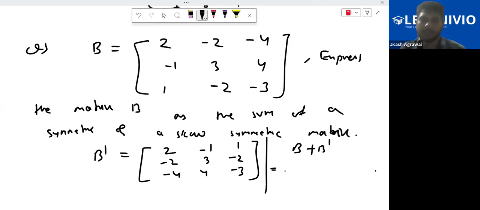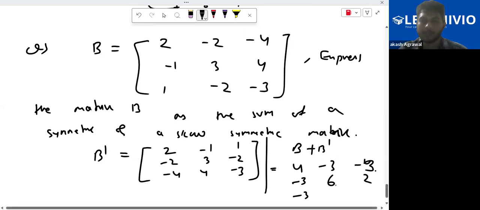So B plus B transpose will be 2 plus 2, 4, and minus 2 minus 1, minus 3, minus 4 and 1 is minus 3, and this is minus 3, 6, 2, minus 3, 2 and minus 6.